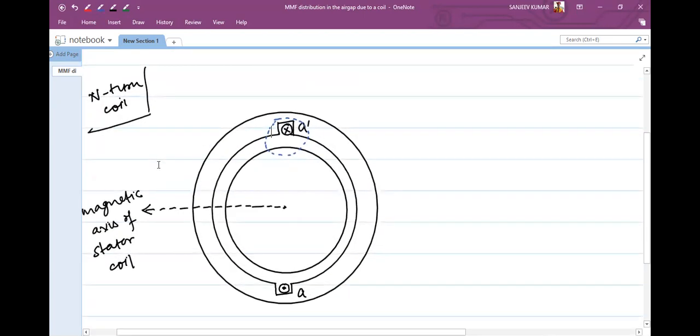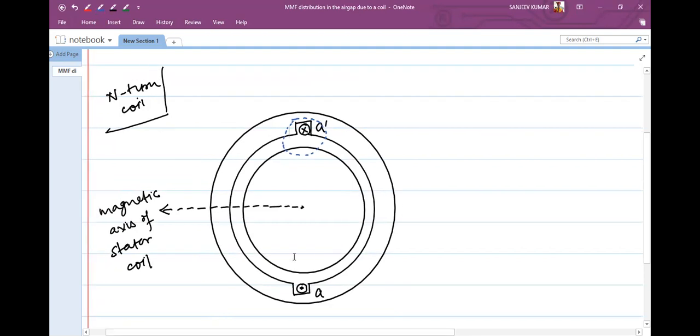Now let us zoom here a bit. Okay, the direction is like this. This direction, this direction, this direction.